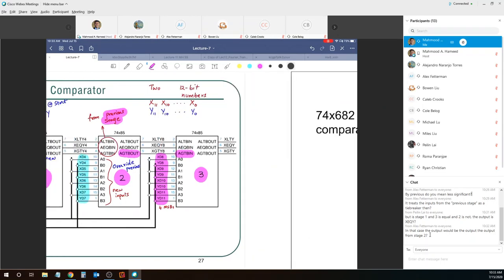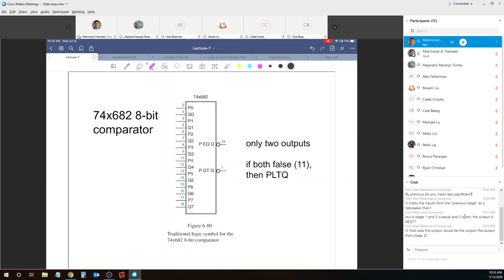All right, let's move on to something that we have seen earlier, very informally now. If you take a look at this 8-bit comparator, the 74x682 chip, there were only 2 outputs, equal and greater than.